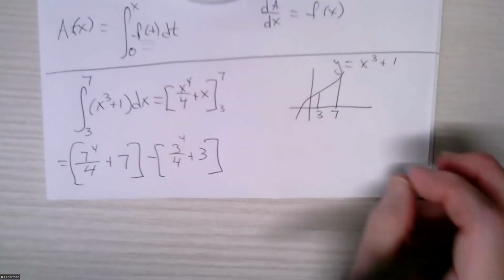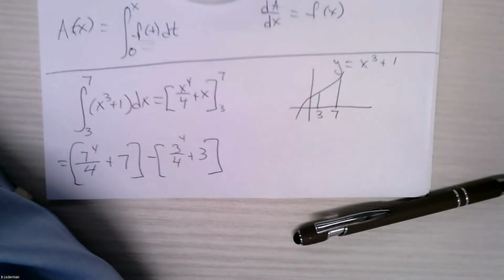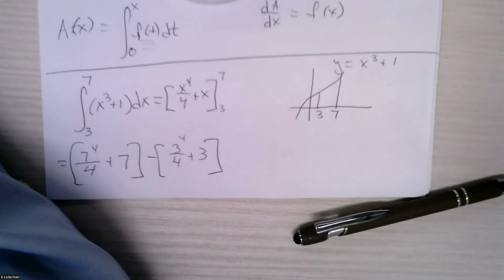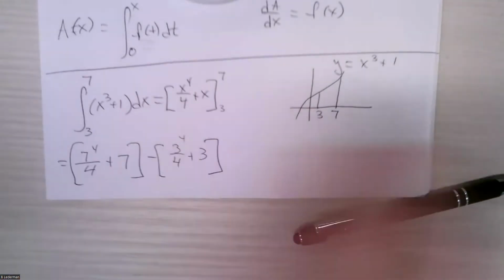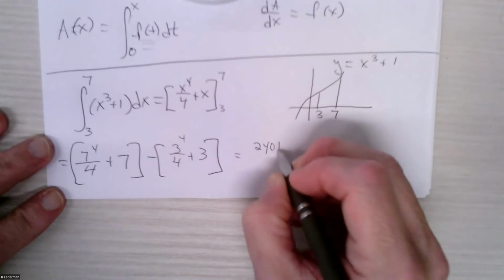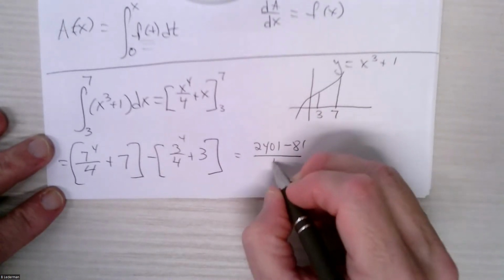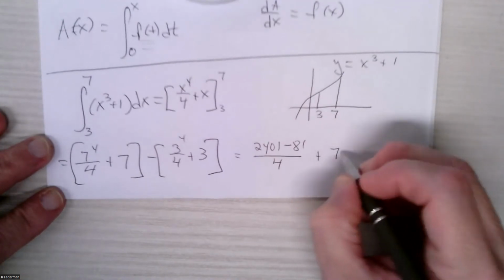And let's see, I'll need a calculator here. 7 to the 4th is 2401. So this equals 2401 minus 81 all over 4, plus 7 minus 3.